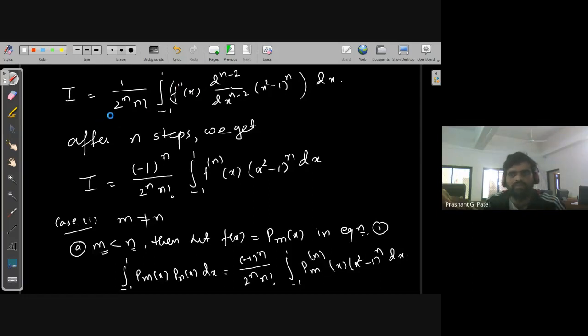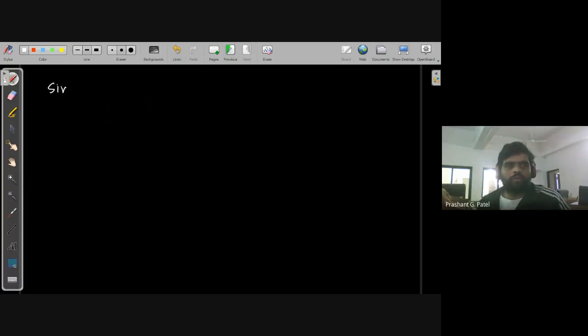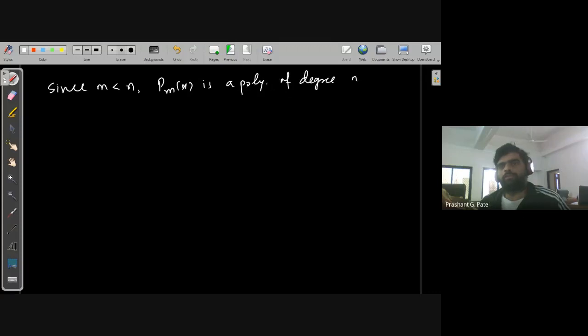So we can write, since m is less than n and pm of x is a polynomial of degree m, so the nth derivative of pm will become 0.